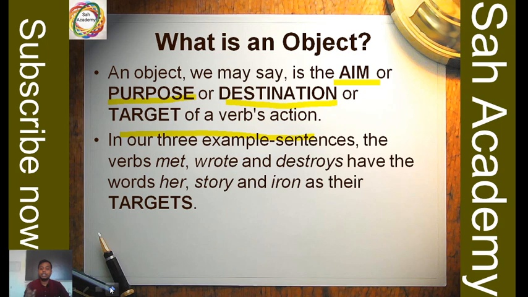That's why these are all objects. These targets are called objects. Now it's clear, right? So with a transitive verb, we can expect these objects.